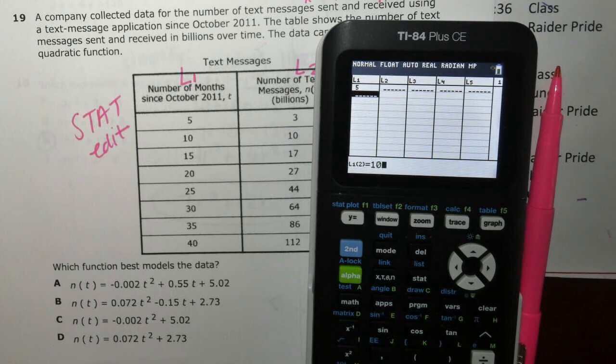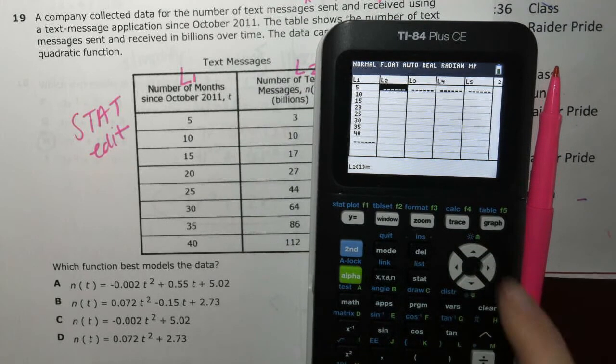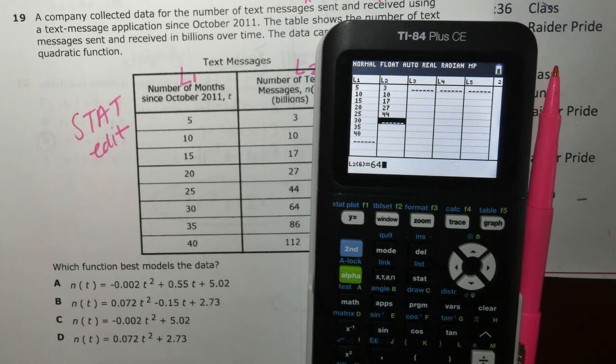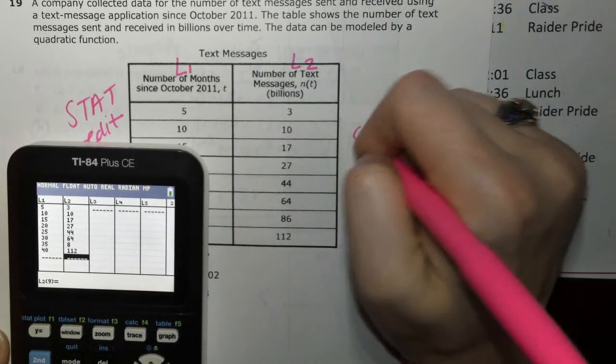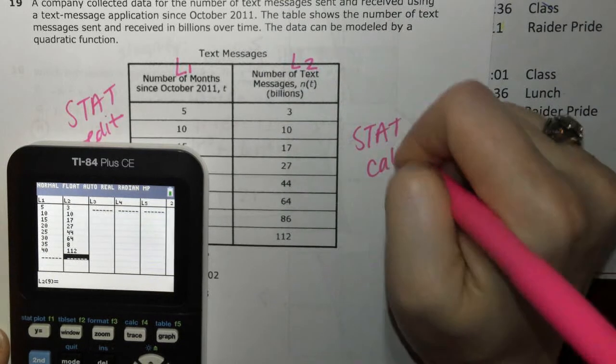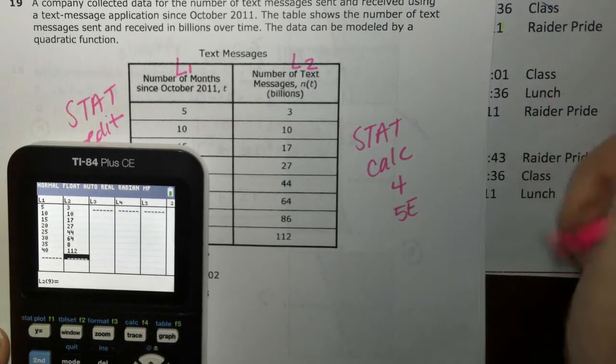I know this is a lot to enter. Then I'm going to go stat edit, stat calc, number 4 and 5 enters.